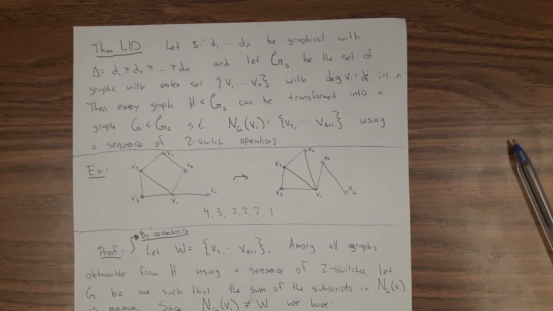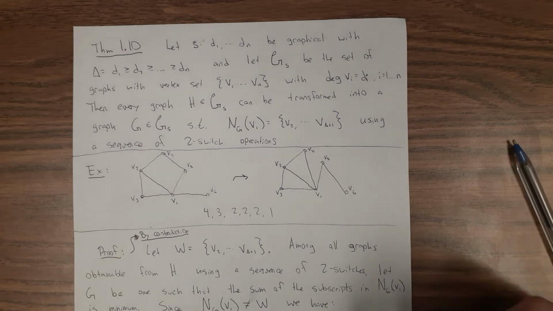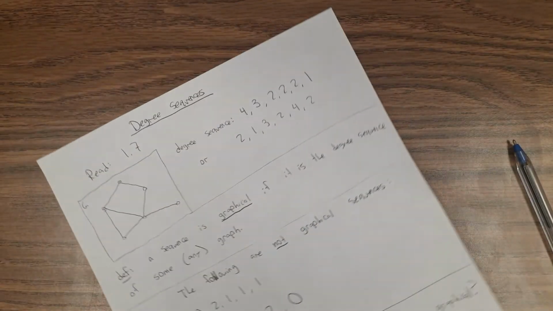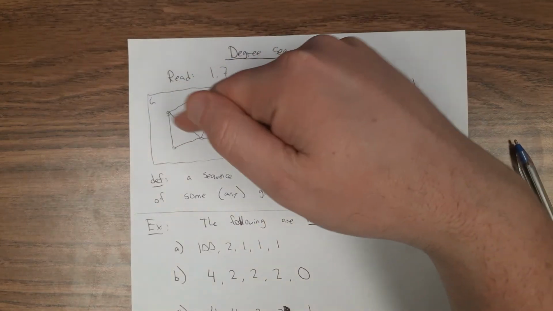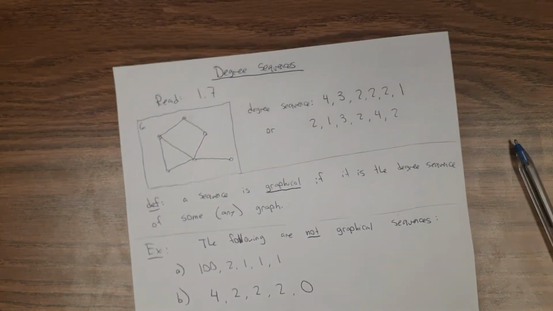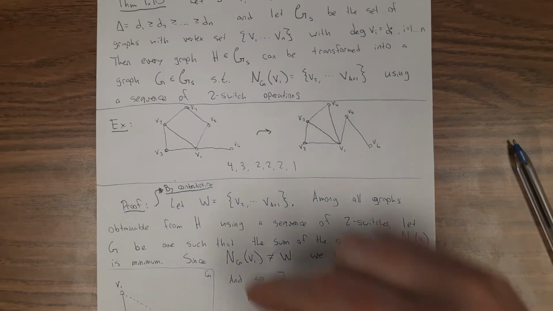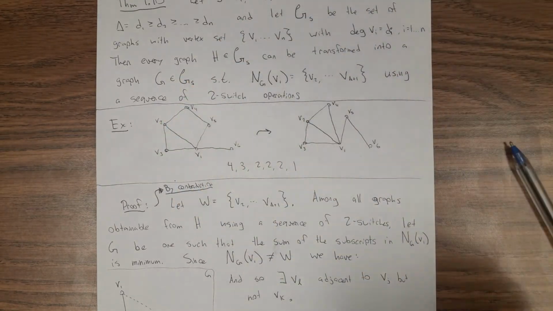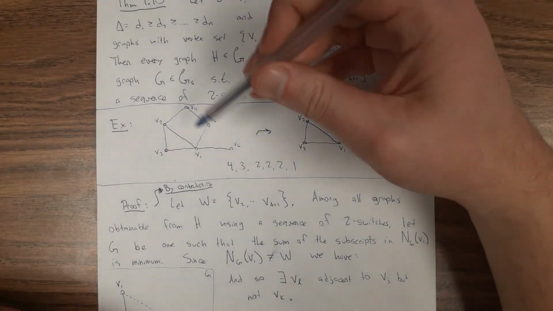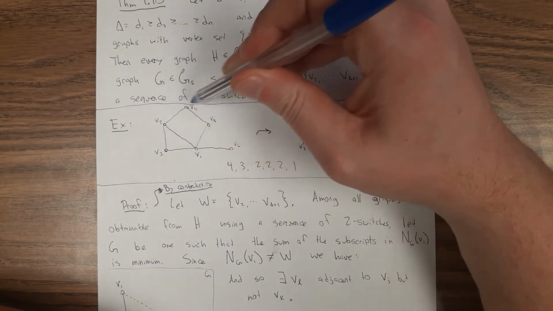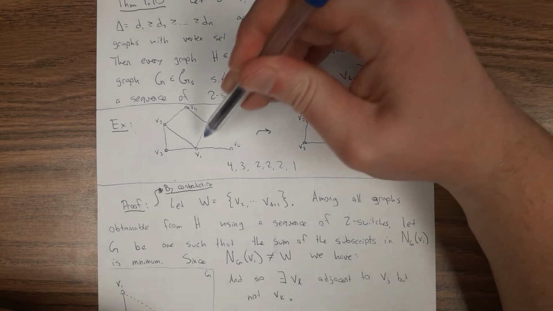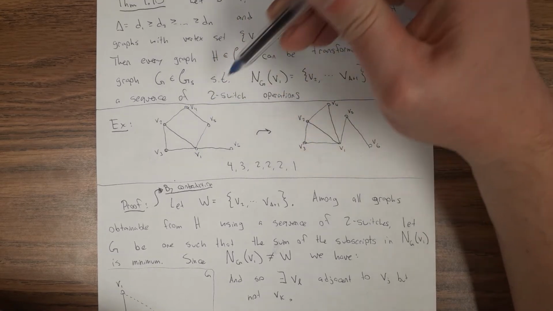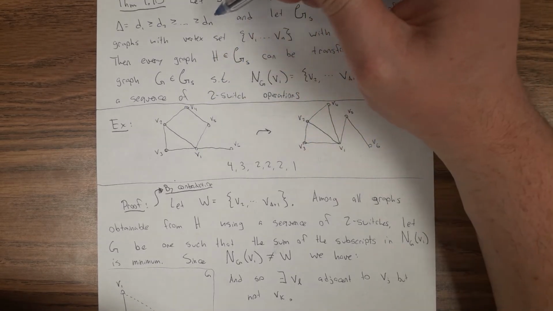So before I go and prove it, let me show you an example. This is going back to the original graph that I showed you the degree sequence of when I was defining degree sequences. This is just that same graph. I labeled the vertices V1 through V6, because there are 6 of them, and I labeled them in a way that's compatible with the theorem.